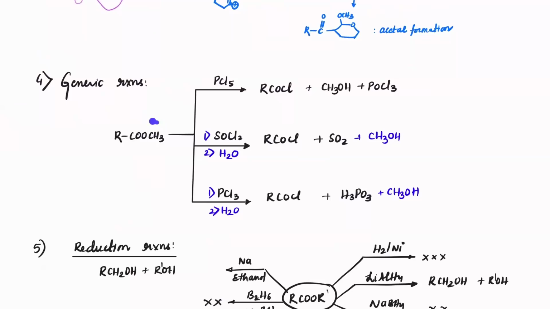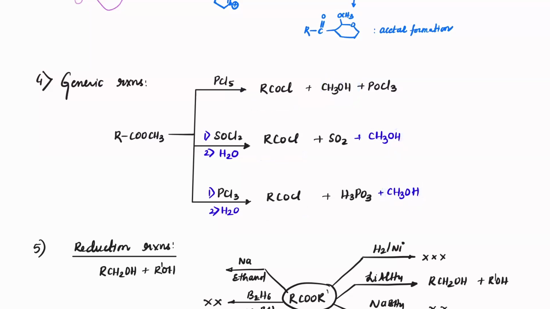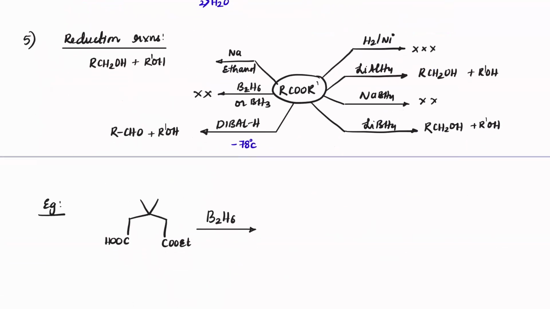So first starting with esters. When you react an ester with PCl5, you get acid chloride, here also acid chloride, here also acid chloride. And CH3OH is separated and the rest of the compounds will come across. Similarly, if you see the reduction reactions, esters do not respond to H2 and nickel.